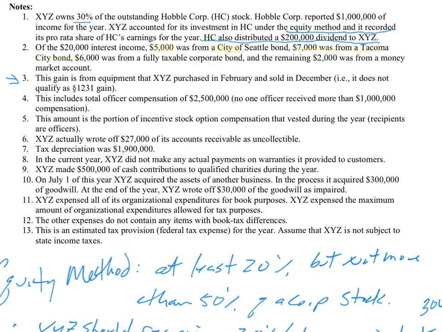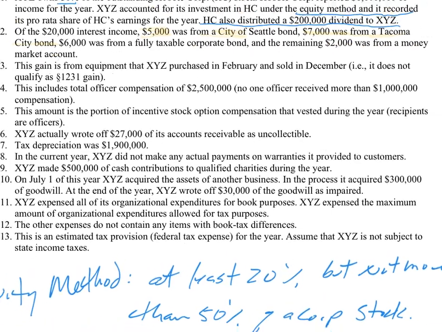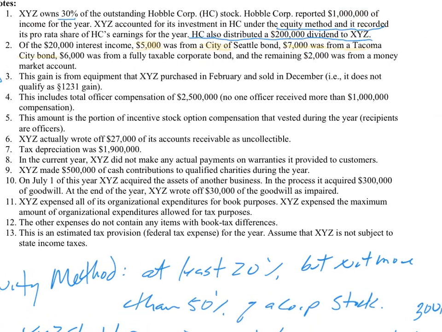Stock options, so let's go look at that note. So number 5 says this amount is the portion of incentive stock options, that's very important, that vested, also important, during the year, and the recipients are officers. So remember, there's a difference between incentive stock options and non-qualified stock options.